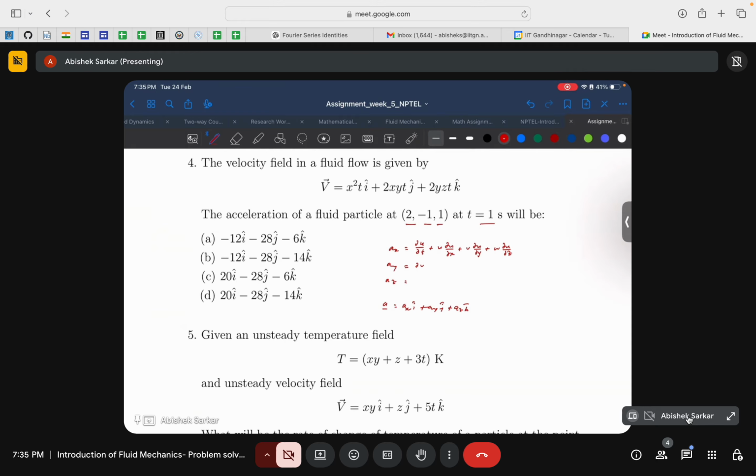Ay would be dou v by dou t plus u dou v by dou x plus v dou v by dou y plus w dou v by dou z. Az would be same, but a bit different.